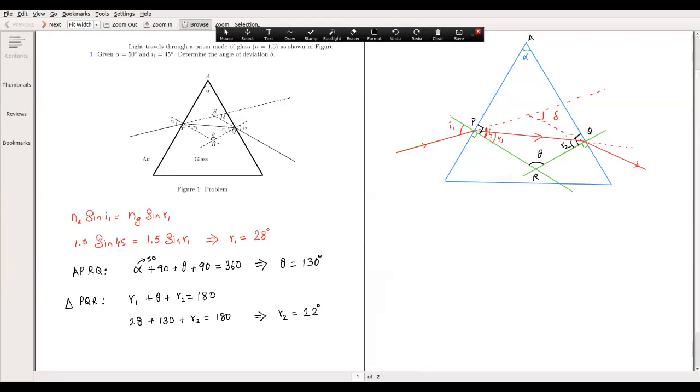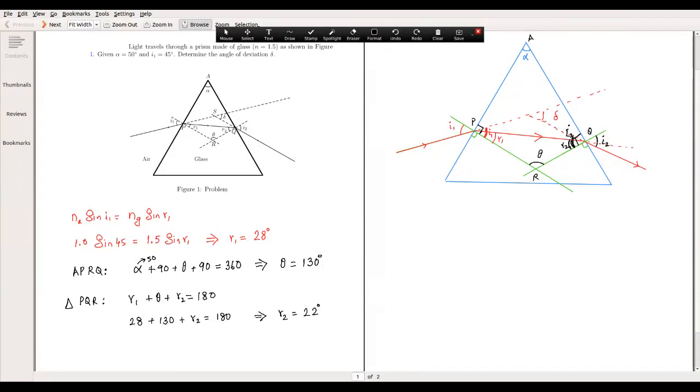Once we know R2, we can calculate the angle of refraction, that's I2. Let's say this is angle I2 and R2 is actually this one here. So I2 is the full angle here, across the interface. Use the law of refraction there.